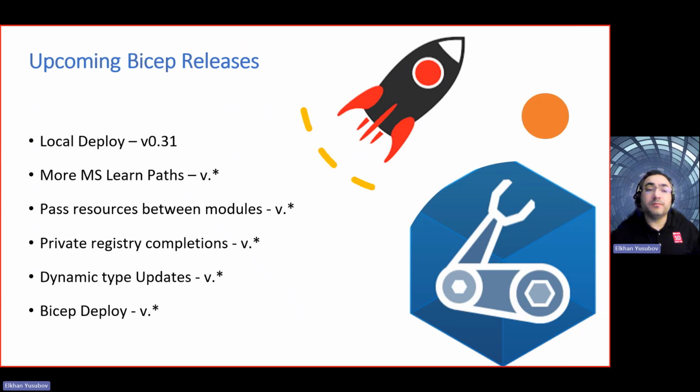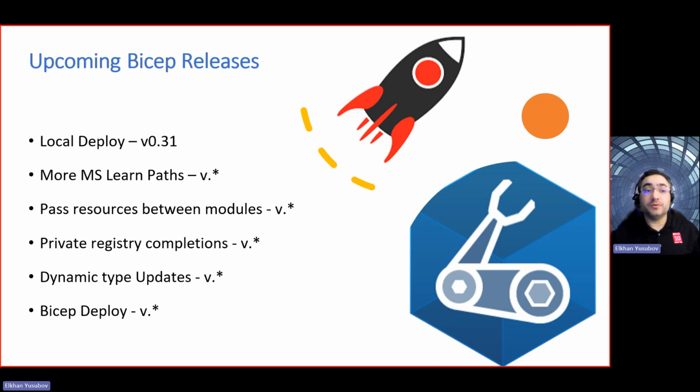That's all under Microsoft Learn. Then another feature that's going to be completed before the stable version 1.0 is pass resources between modules. Then we have work going on completing the private registry implementation.